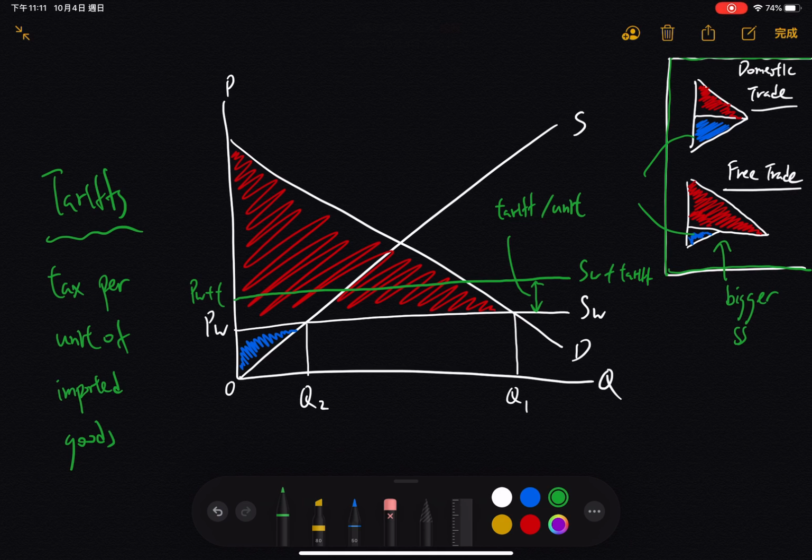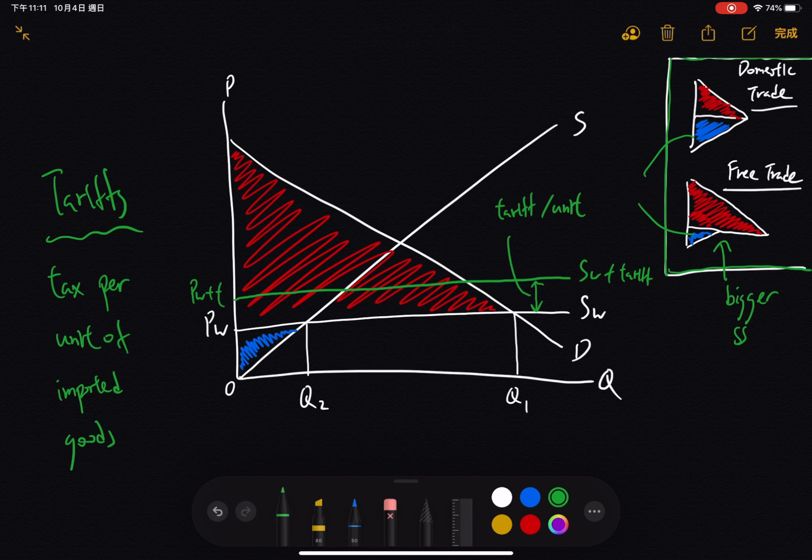But this is not the most important part. The most important part is after we have drawn this trade protection diagram, the tariff diagram, how do we analyze it? We are going to analyze this diagram bit by bit using different stakeholders. Let's start off with the domestic consumers. Before the tariff, the consumers were consuming at Q1 right here.